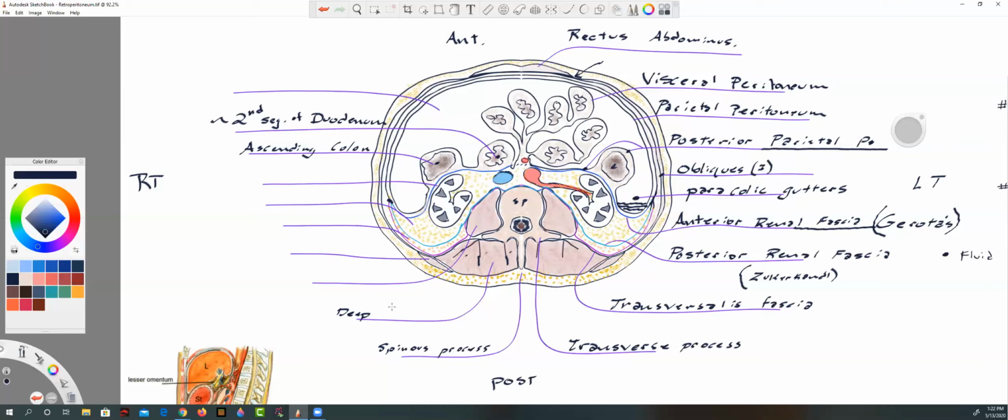Well, how about this? Transversalis fascia. Thoracolumbar fascia is also another term for it. That is okay. Now, I'm sorry, I forgot to finish writing deep back muscles.